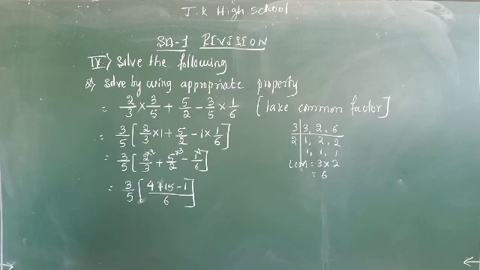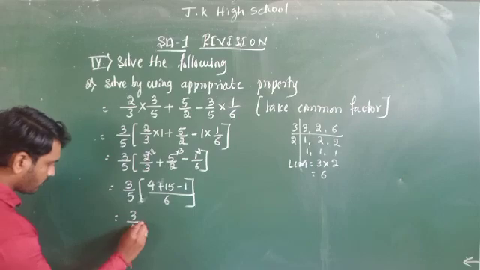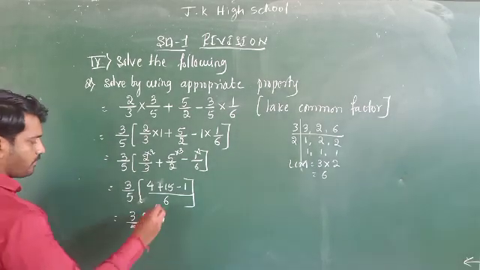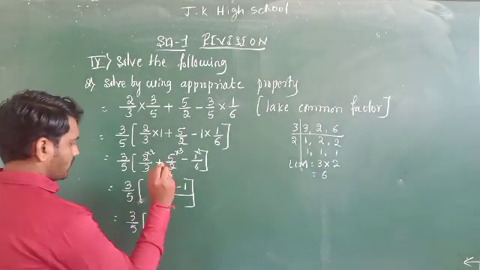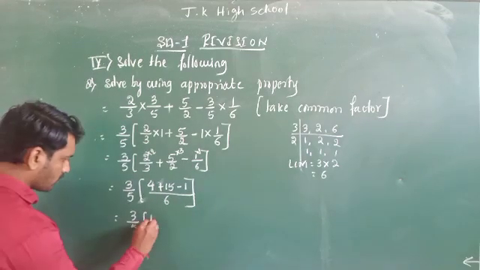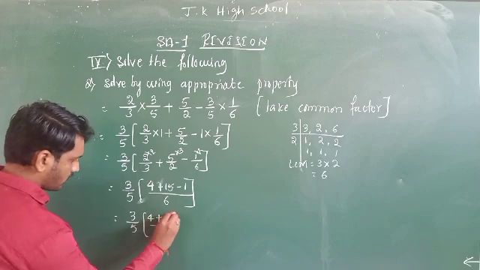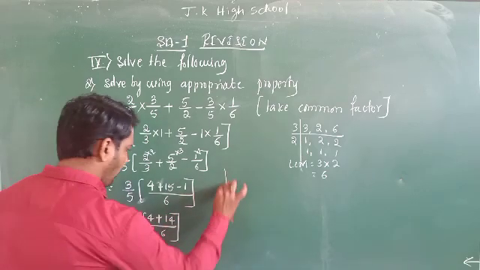Next, 3 by 5 as it is. 15 minus 1, 14, correct? 4 plus 14 divided by 6.